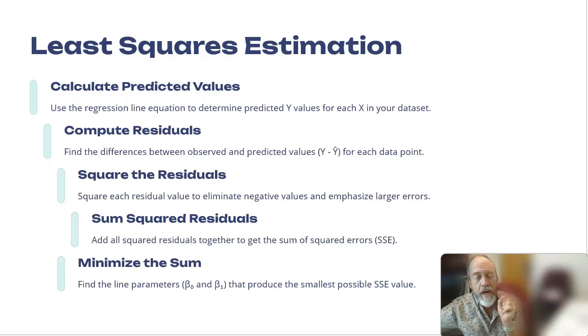What I want you to understand is that you're going to end up with two values, the beta naught and the beta 1, the intercept and the slope, which are predictions based on minimizing the value between the actual value and the predicted value.